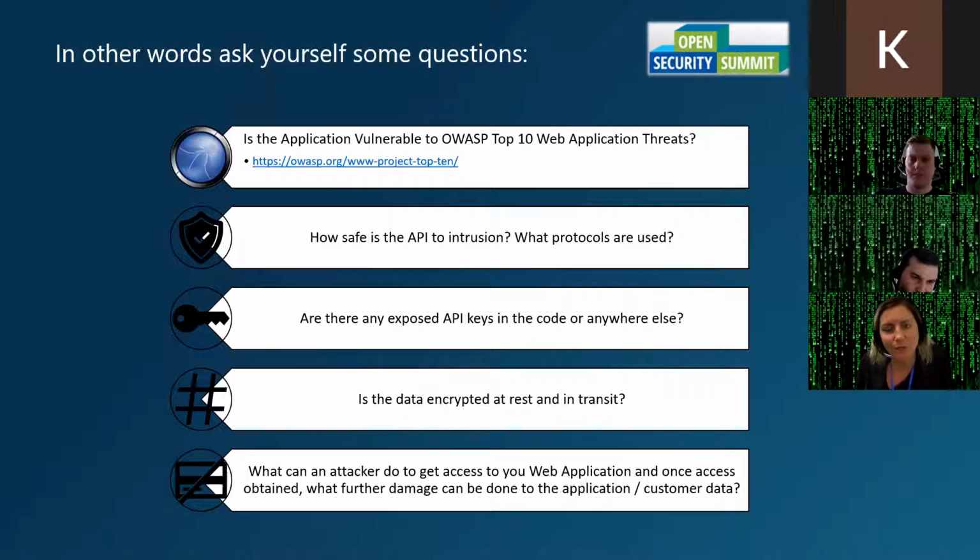So the first step would be to try and defend yourself from the lower skilled attackers, and then you need to think about, okay, if they manage to get in, can they do damage? If they can, then that's worrying, and you need to implement controls to prevent privilege escalation.